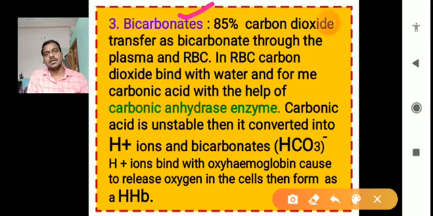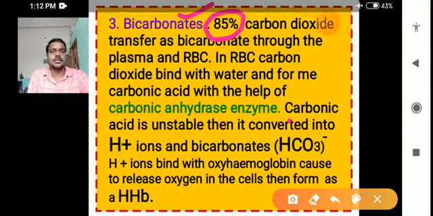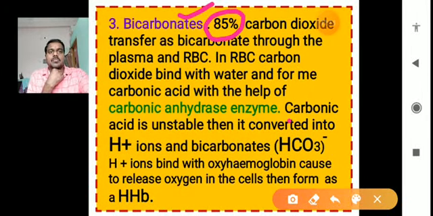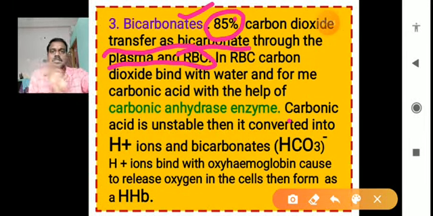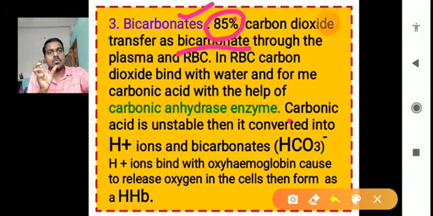This is the major form: 85% of the carbon dioxide is transferred as bicarbonate through the plasma and RBC. So this is very important, through the plasma and RBC. Mainly the RBC, not the plasma, plays the major role in transferring 85% of the carbon dioxide as bicarbonate.